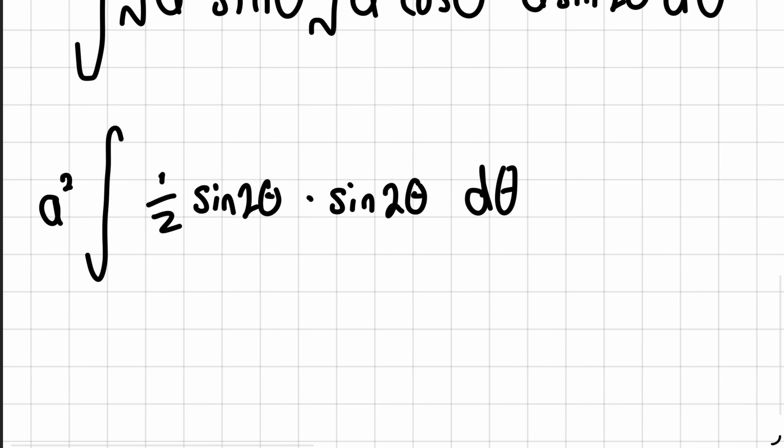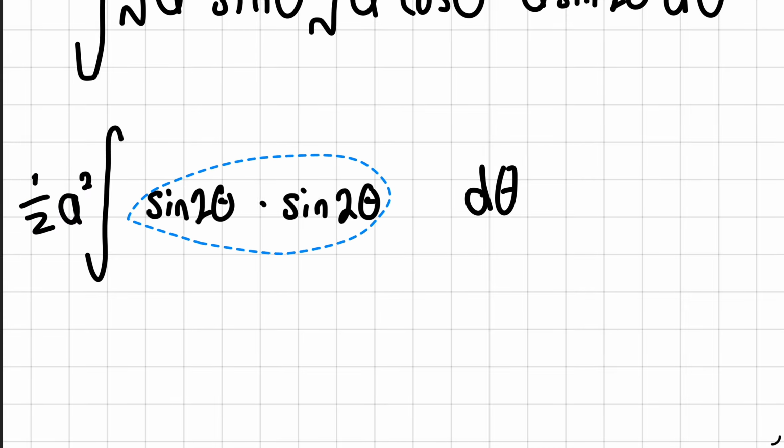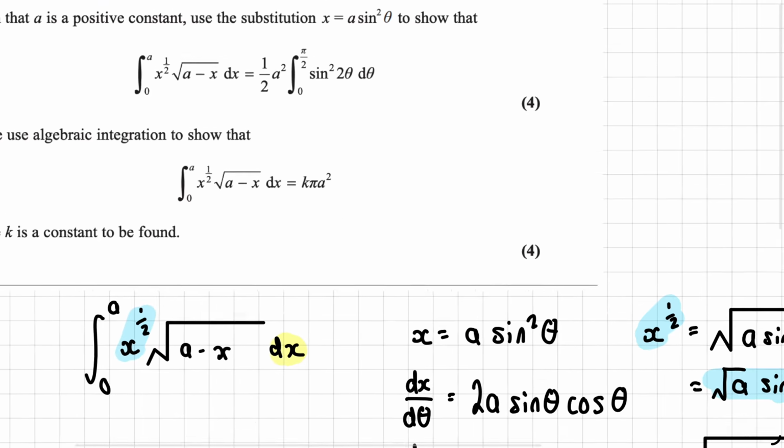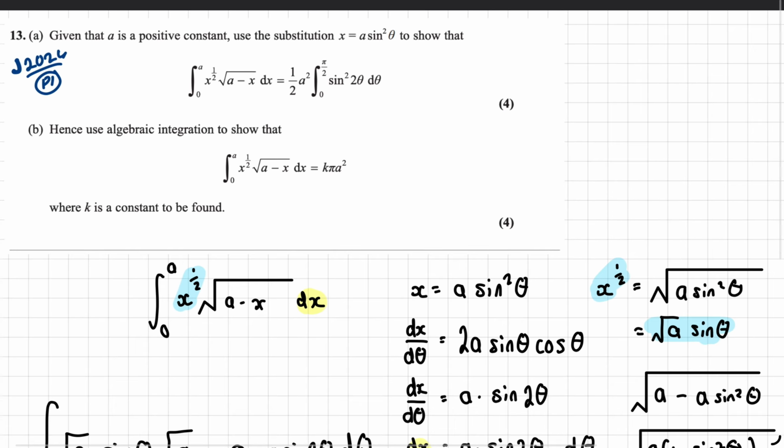Lovely. And now that can go on the outside here, and these two are multiplied together, so that's going to become sine squared 2 theta. And there we are. That is what we're looking for, but we have to get our limits now.